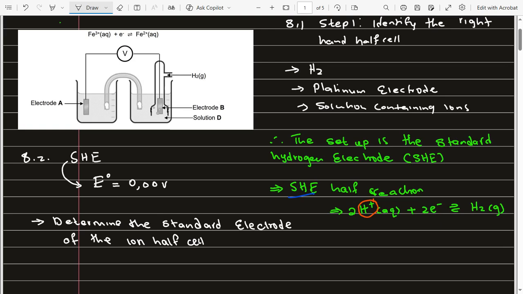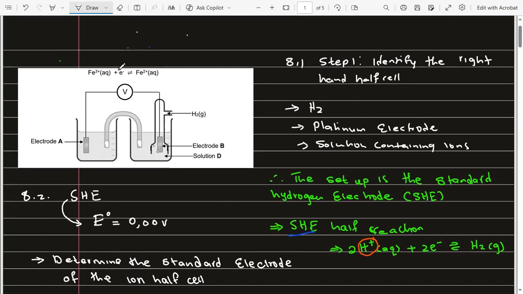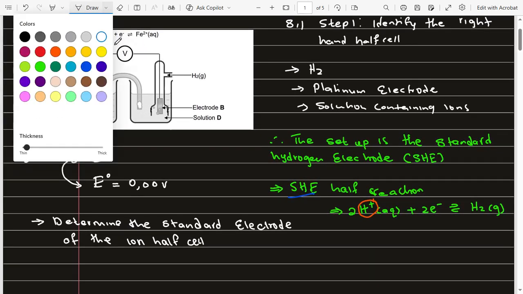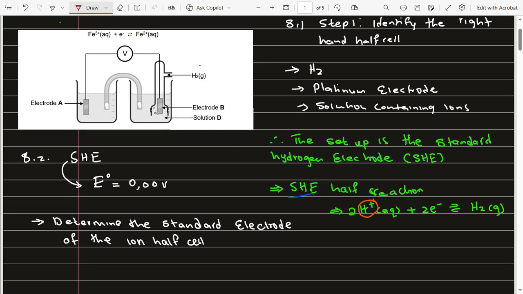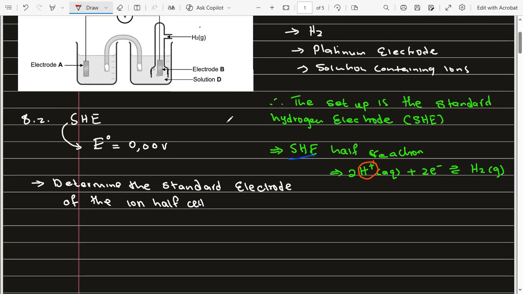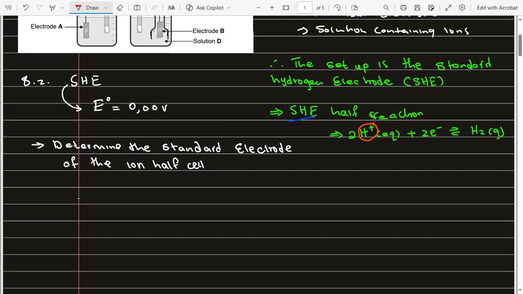If you look at this, we have the given half cell reaction. Look at the half cell reaction that is given there. Let me quickly indicate which one. I think you can see the half cell reaction that is given. I'm just going to take that and rewrite it here. So this is the given half cell reaction.